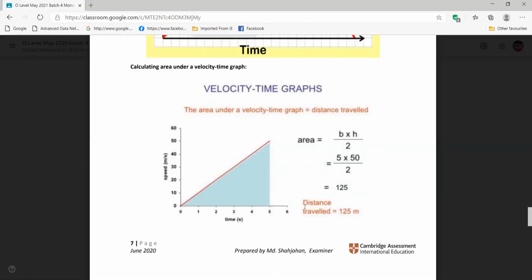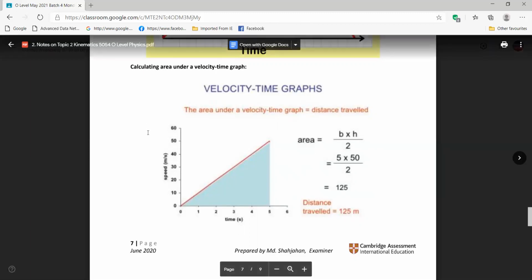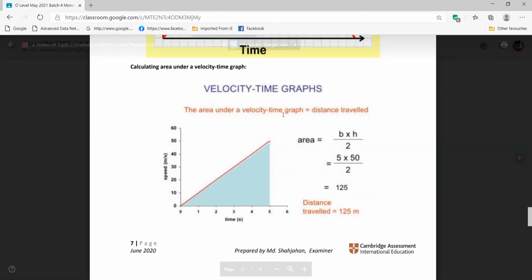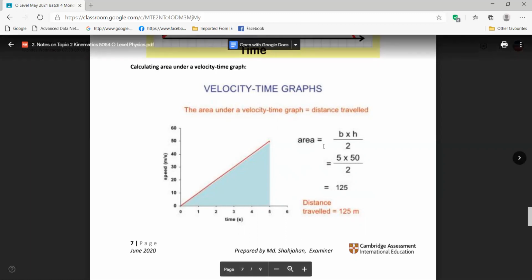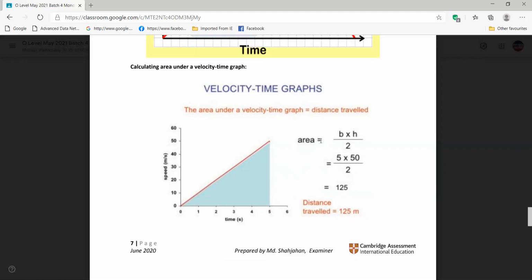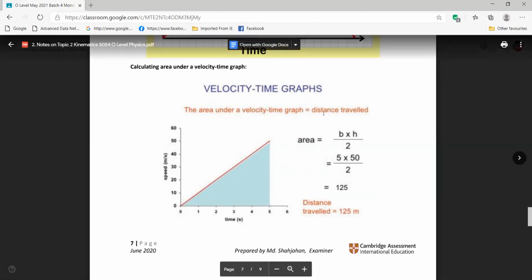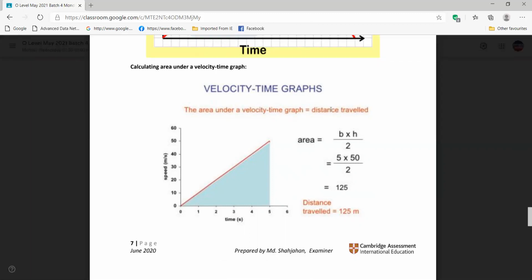Okay, sir. Now this one, the area under a speed time graph, sometimes they are writing this way, mixed up. They are writing here velocity time graph, but they are also writing here distance traveled. But it should be displacement traveled. That will be appropriate. Okay.